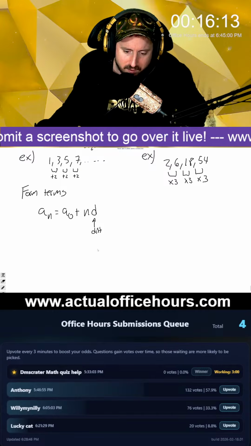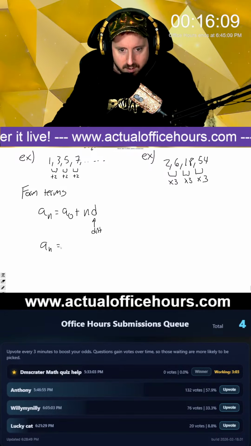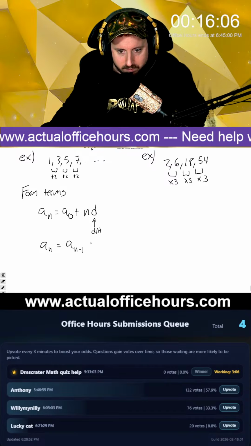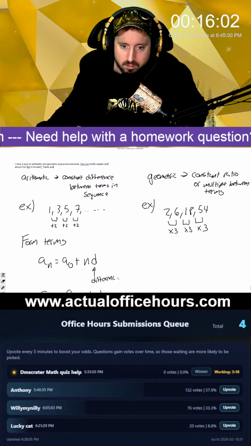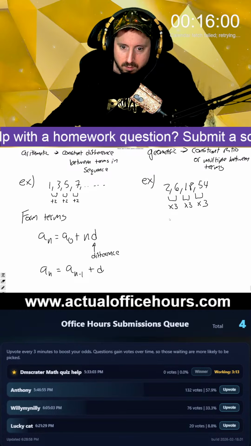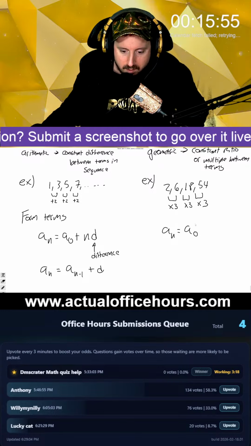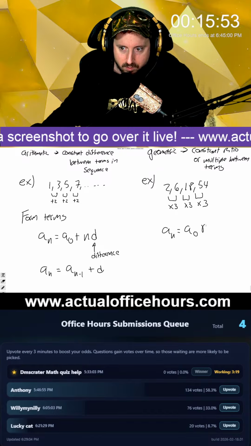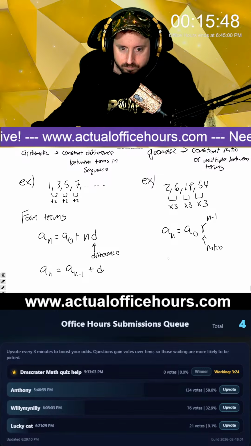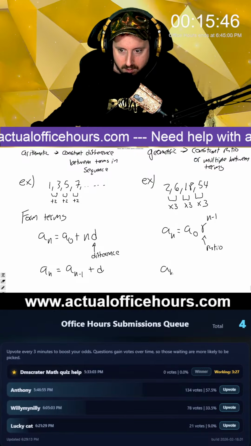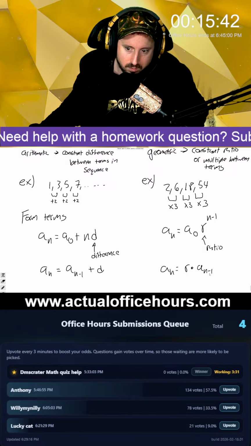The other way they write this is a sub n plus 1 is equal to a sub n minus 1 plus the difference. Two different ways to write it. For the geometric one, a sub n is equal to a0 times r to the n minus 1, where this is the ratio. Or you could also say that a sub n is equal to r times a sub n minus 1.